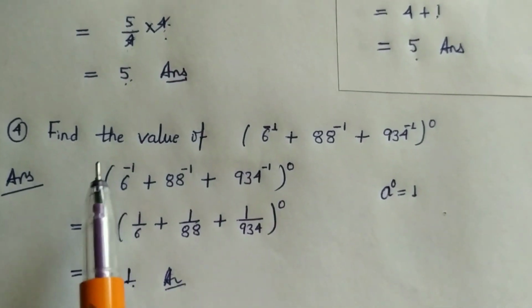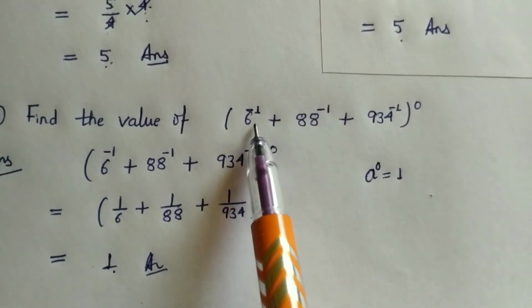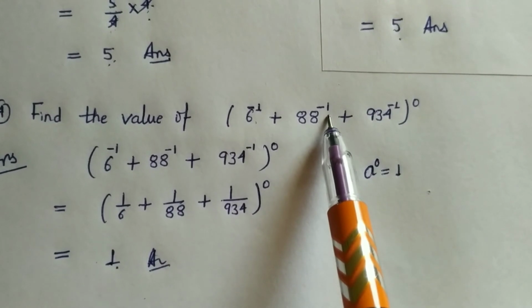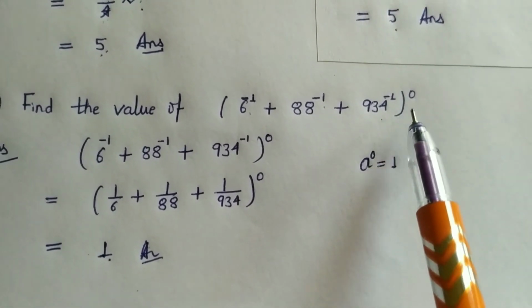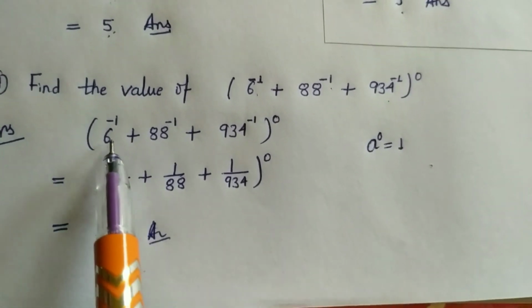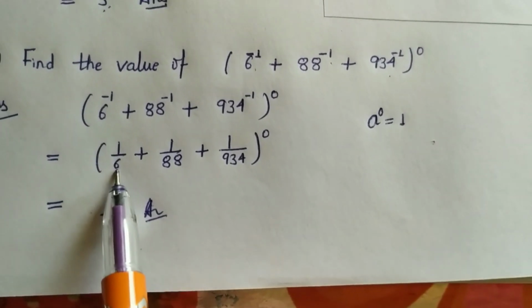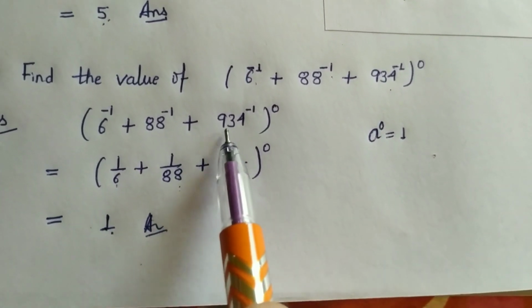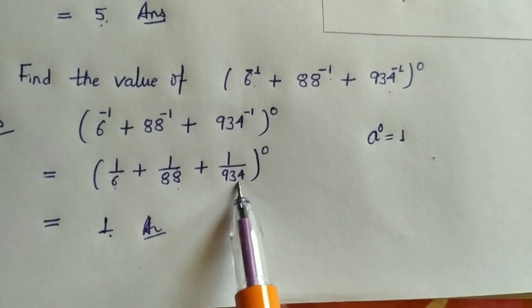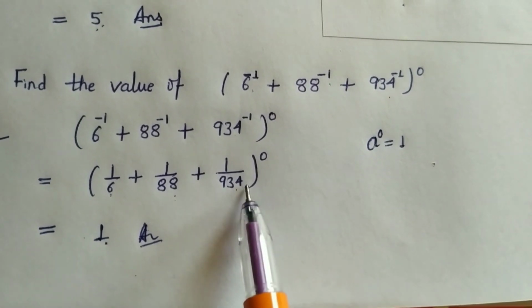Next question is, find the value of (6 to the power minus 1 plus 88 to the power minus 1 plus 934 to the power minus 1) whole to the power 0. 6 to the power minus 1 can be written as 1 by 6, 88 to the power minus 1 is 1 by 88, and 934 to the power minus 1 is 1 by 934, whole to the power 0.